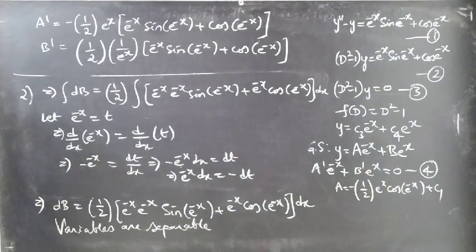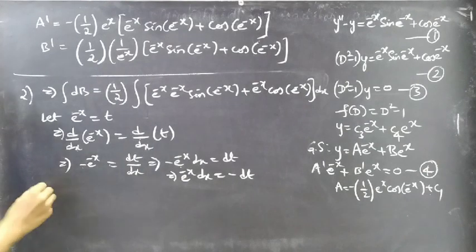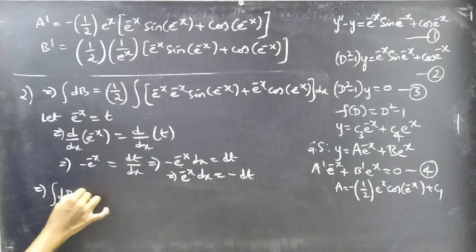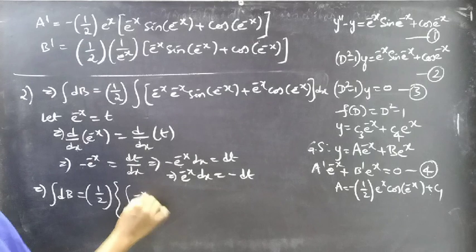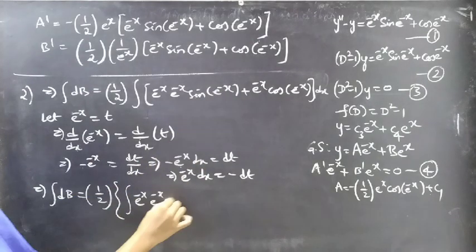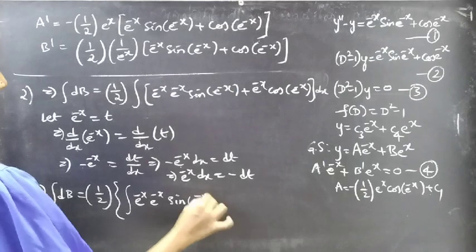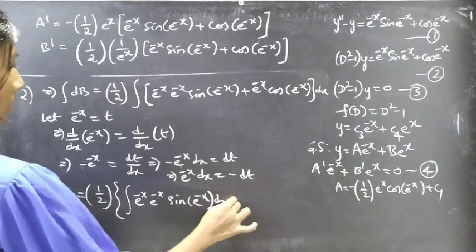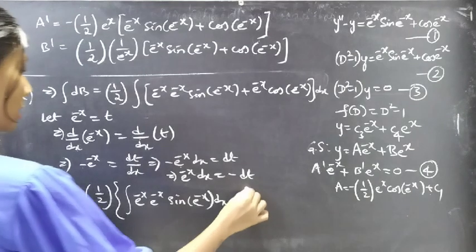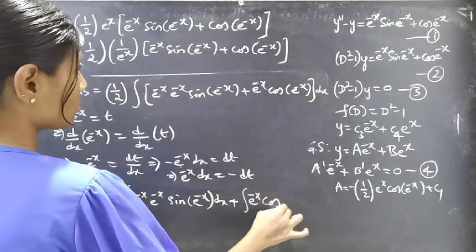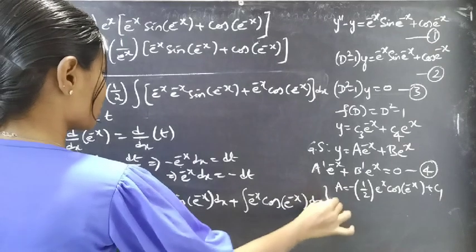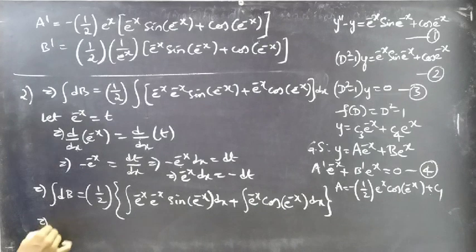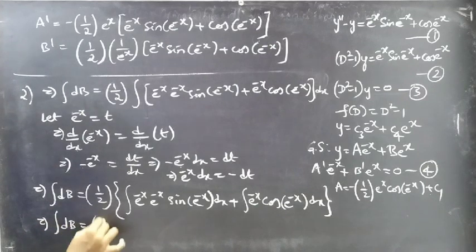Okay, I'll write the above equation as integral dB equal to 1 by 2 into integral e power minus x sine e power minus x dx plus integral e power minus x cos e power minus x dx. Okay, one more step for our convenience.